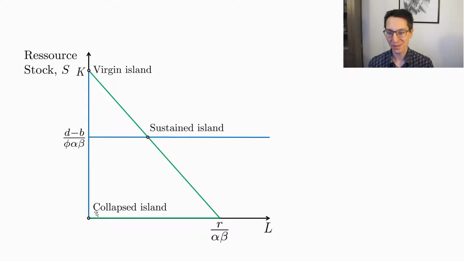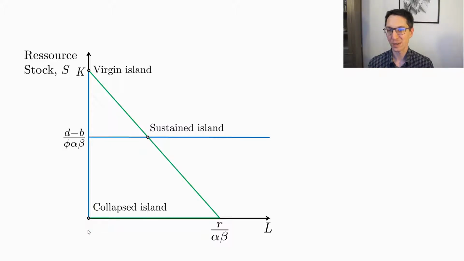A slightly less positive steady state is the collapsed island, where essentially people have cut down all the trees and have all died at the same time as a consequence. So we have no nature and nobody on the island. It's a very depressing state, but it's a possible steady state of the model.